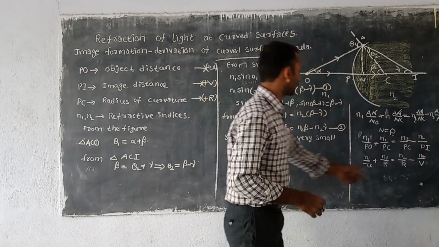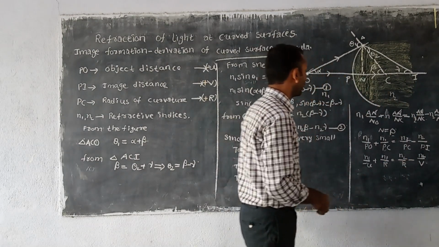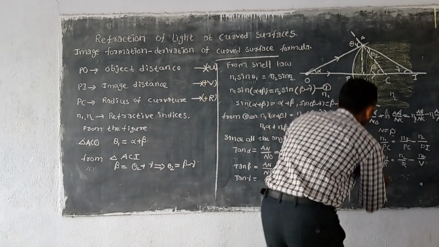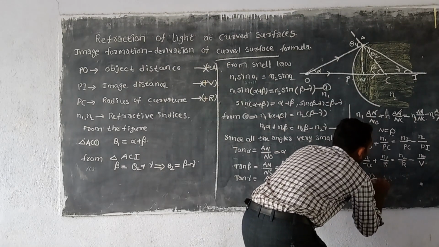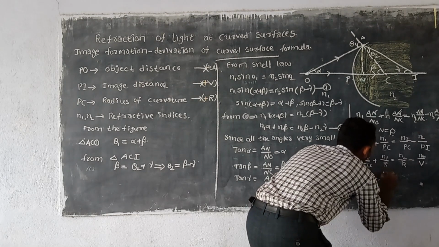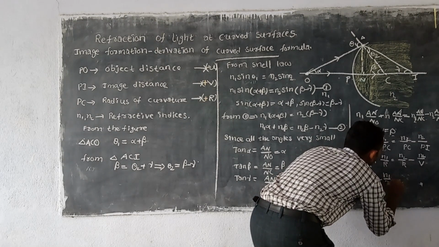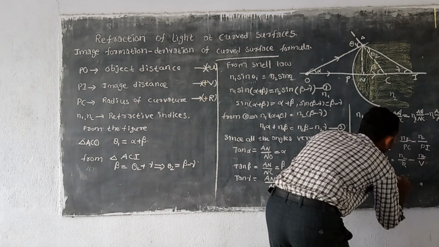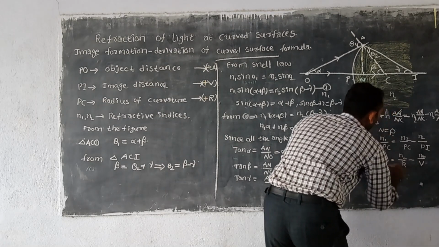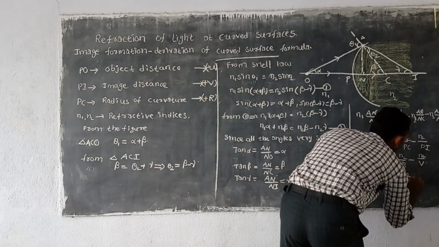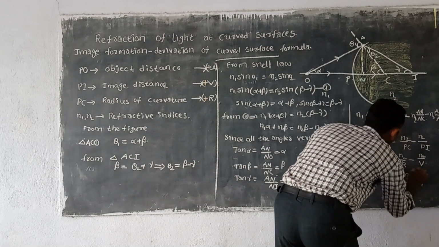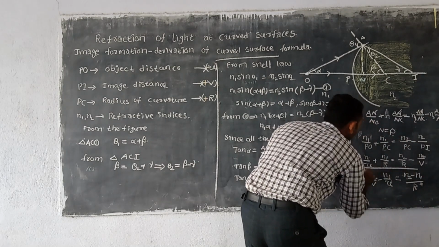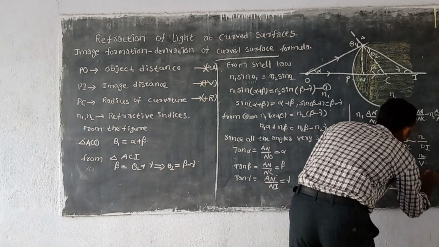Bringing the same terms to one side, n2 by v minus n1 by u equals n2 minus n1 by r. This is the equation.